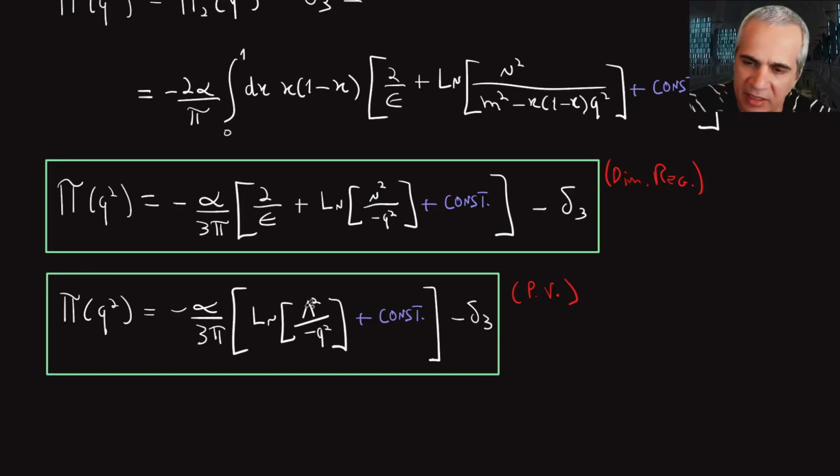And keep in mind, this lambda now is not the cutoff in the Wilsonian approach. It is really the mass of this Pauli-Villars ghost particle. So you see, you have a lot of these parameters going around, and you have to be careful which ones are which in each version of this calculation.